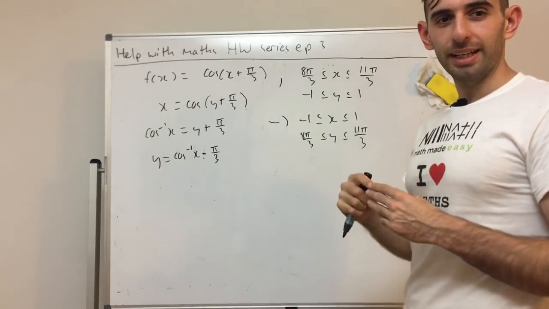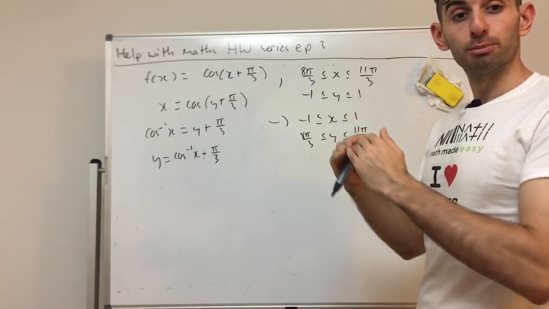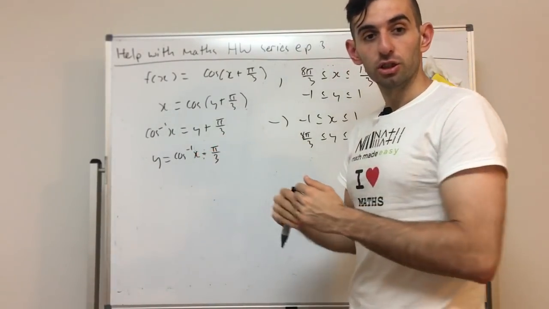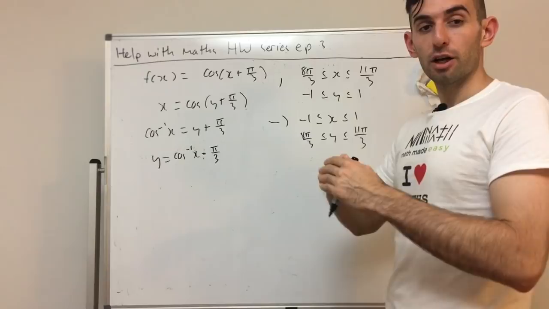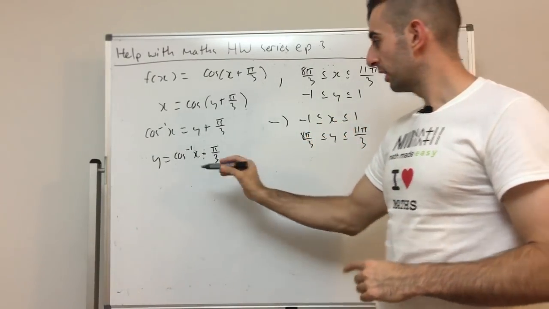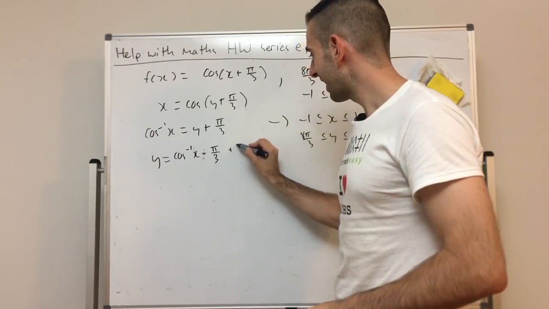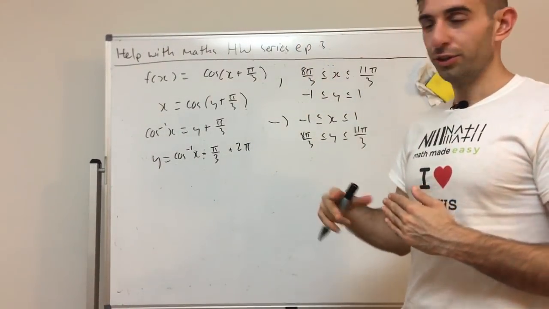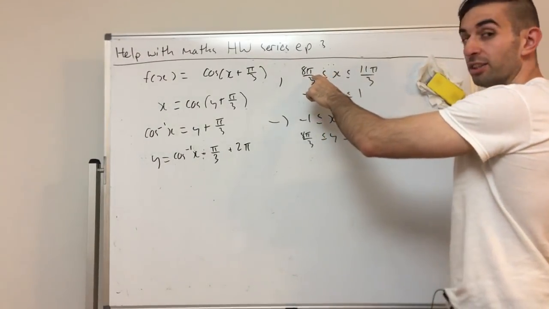So the trick here is the angle is too small, right? Because this represents an angle. The trick is sine and cos repeat every 360 degrees or 2 pi. So we actually have to add 2 pi here to account for this higher domain, right?